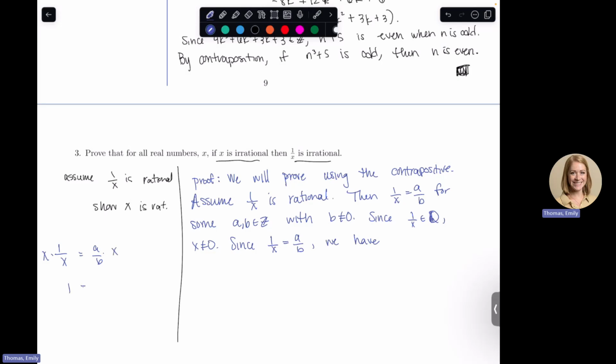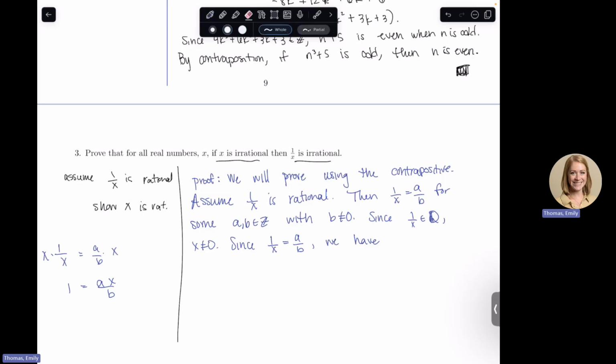We get 1 is equal to ax over b, multiplied by b divided by, oh, we don't know how to divide by a. Yeah, we can divide, we just don't know that it's an integer. That's okay. But it is an integer. The a value is an integer, so we're good.